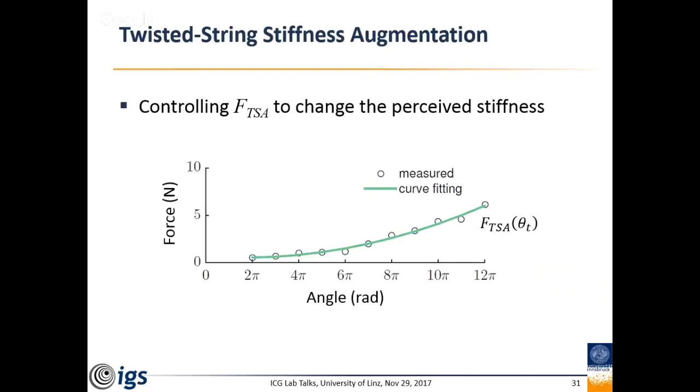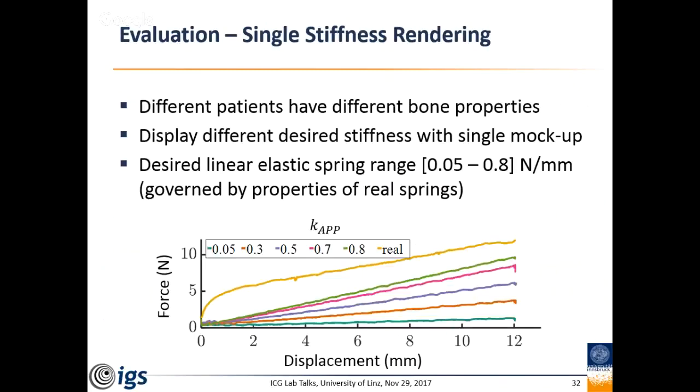To generate high forces, we actually have to twist several times. You will see this later in the plots. This is actually a problem, because if we want to generate high forces at the start, it takes a while to twist up the string. This is a disadvantage of this actuation.